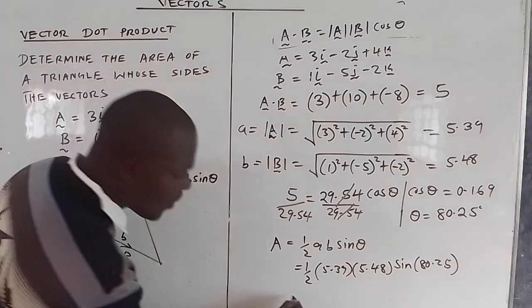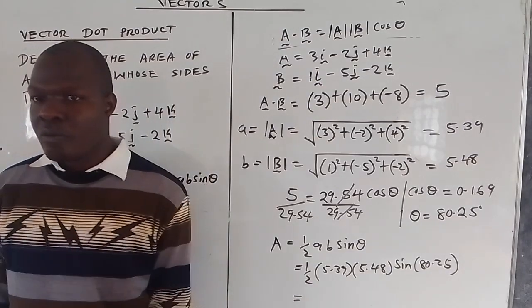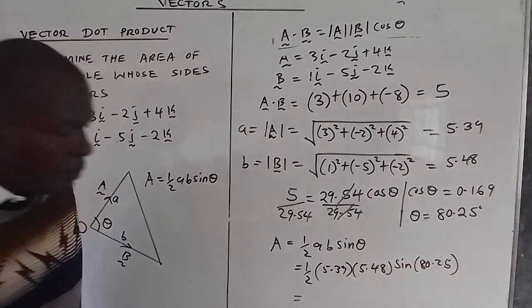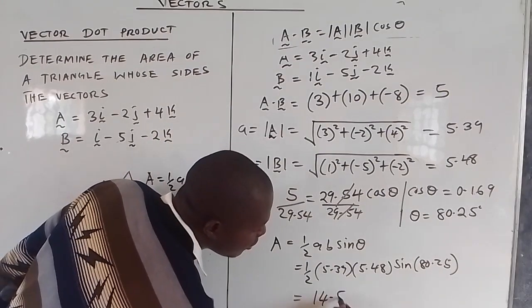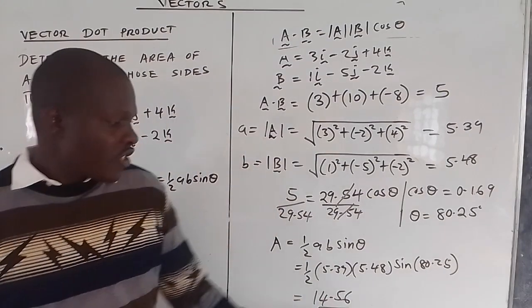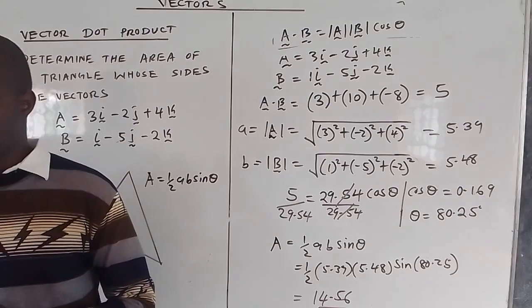What do you get to be the area of that triangle? 14.56.